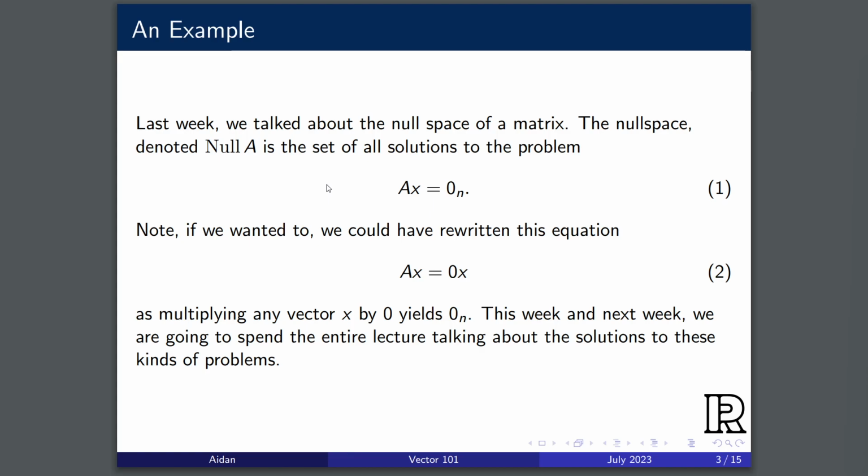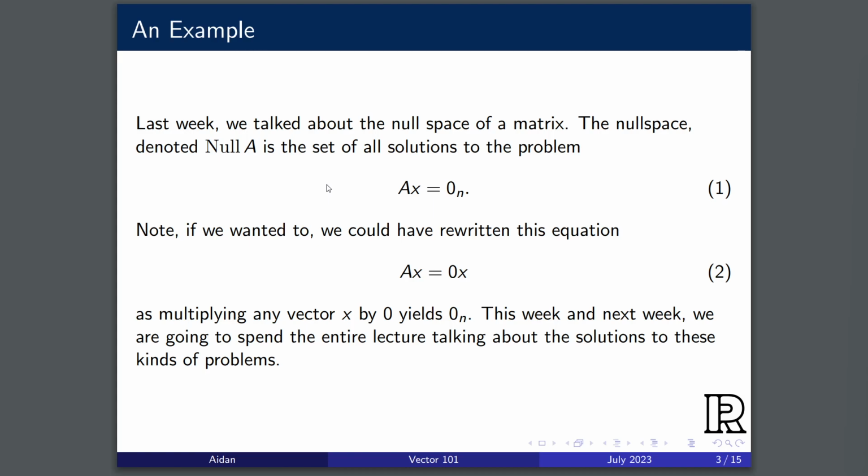So the null space of the matrix A, to remind you, is the set of all solutions to the problem A times x equals 0. Now, we can do a little bit of rewriting. Any vector, if we scale it by 0, we get back the 0 vector.